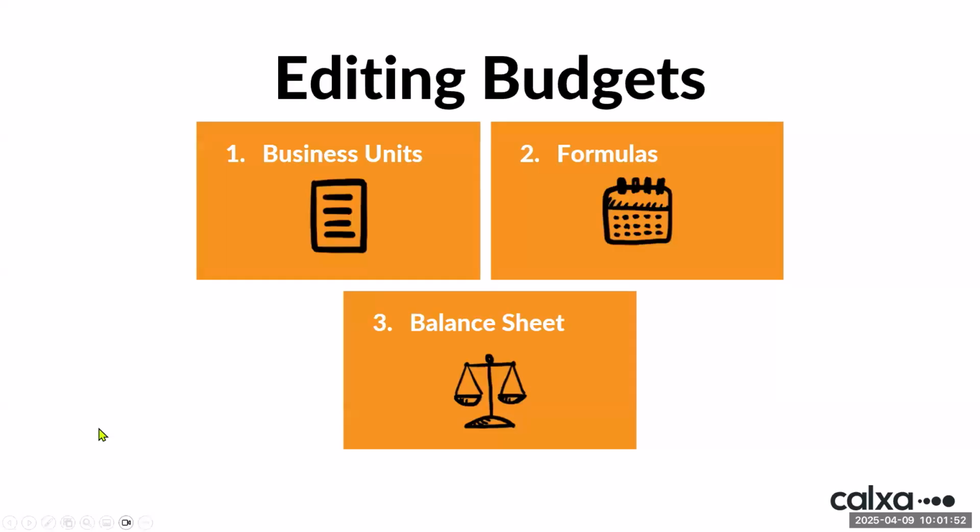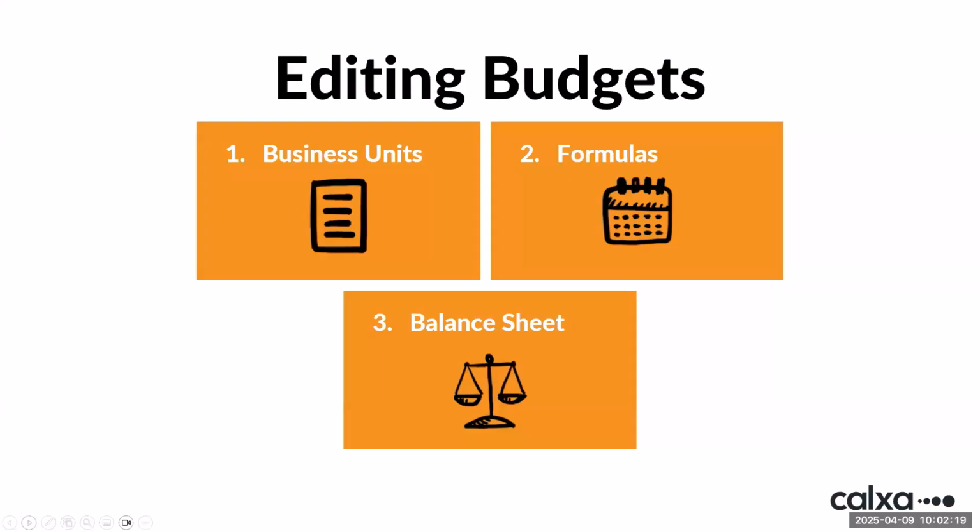Then we're going to have a look at getting right into the budgets, how we can edit the budgets, do our budgets at business unit level. For those of you in Xero, that would be tracking units, and in MYOB, that will be jobs that you can use in there to do budgets down to that level. We'll have a look at how you can use formulas to create exactly the numbers that you are after and make your life easier there.